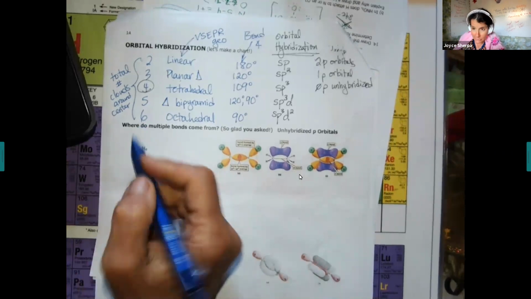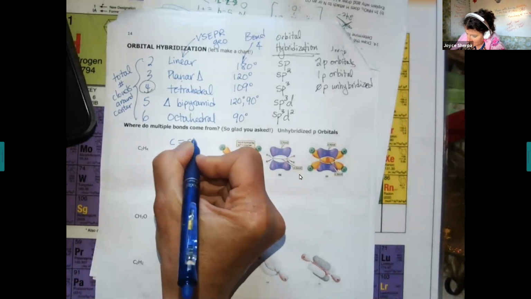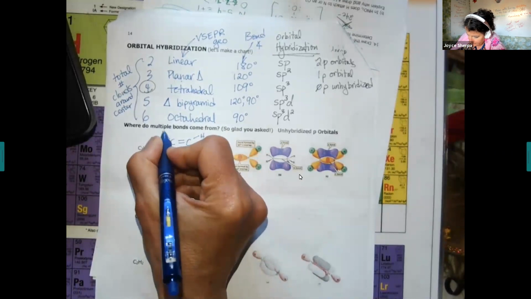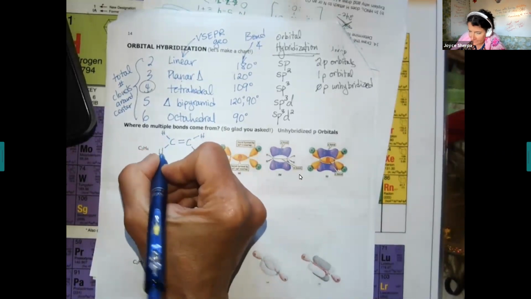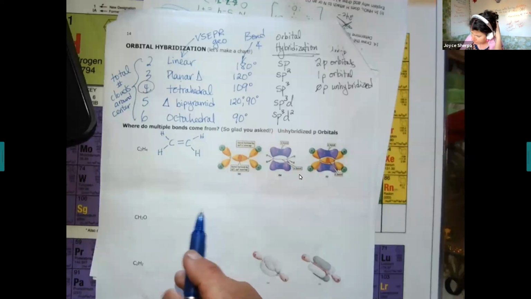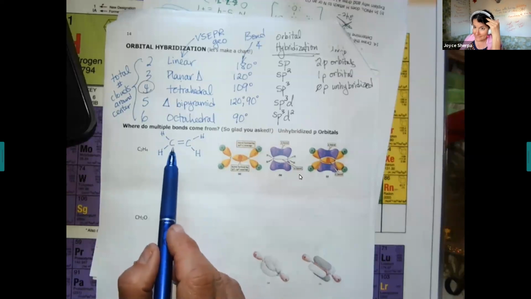If we drew C2H4, what the molecule looks like is a double bond and then 2 hydrogens on each carbon. You can count your electrons, do all of that. One of the things with the organic chem lab, carbons make 4 bonds. Once you can get that sunk in your brain, that's great.